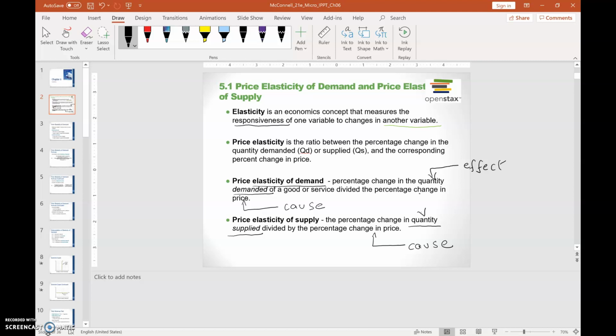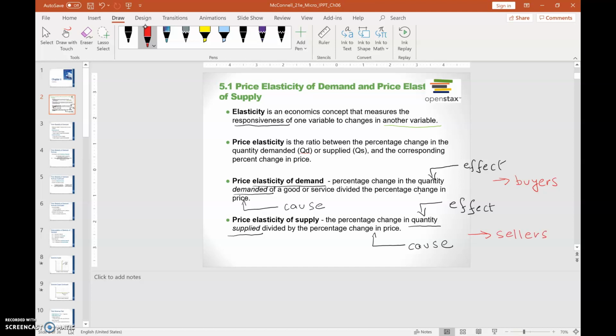Percent change in quantities supplied, this will be the effect. What's the other difference between these two? When you look at price elasticity of demand, we are looking at the buyer's perspective.